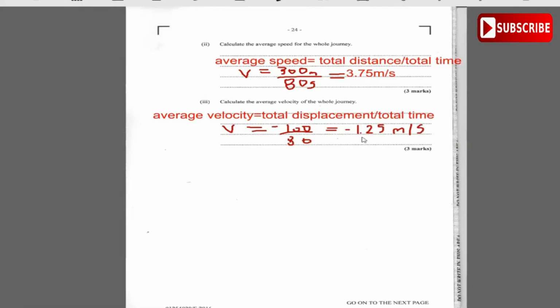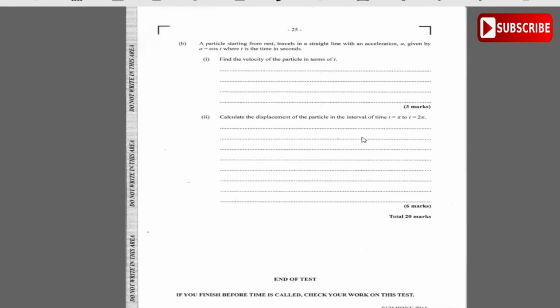Now here's part B. A particle starting from rest travels in a straight line with an acceleration a, given by a is cosine t, where t is time, and it says find the velocity of the particle in terms of t.